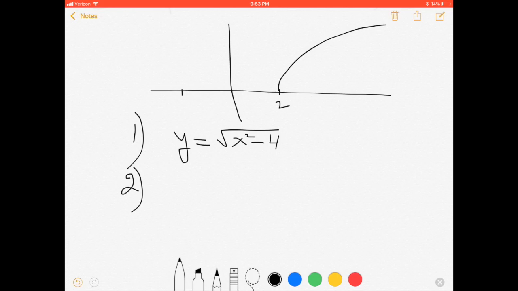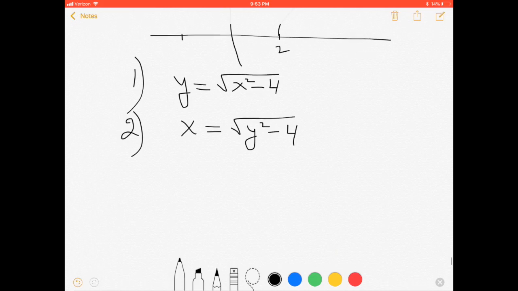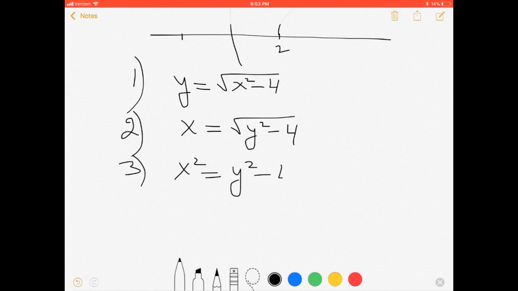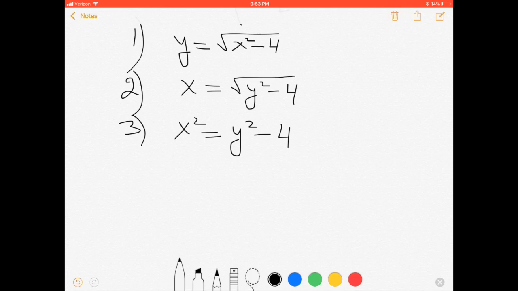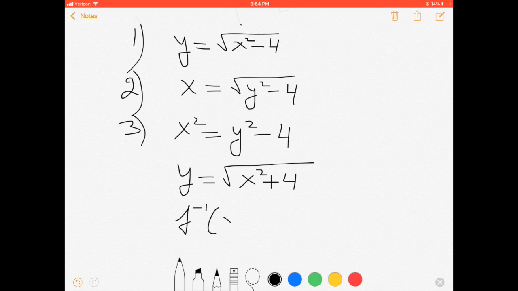Second, x equals square root of y squared minus 4. Third, solve this equation for y. This means x squared equals y squared minus 4, and so y equals square root of x squared plus 4. This will be the inverse of our function.